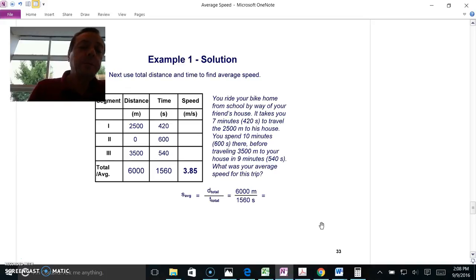Notice from before that even if I took the average of these three numbers, it would be different than if I took the ratio of total distance to total time. So we use the constant speed formula to find what's missing for our segments if we need to, and then we calculate average speed by summing all those distances and all those times and then dividing distance by time.